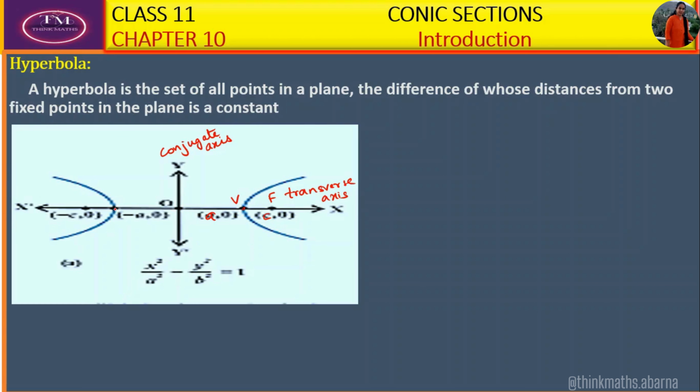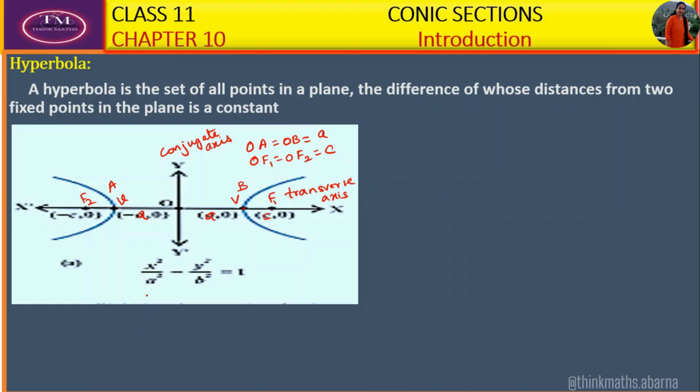There is another vertex here at minus a comma 0, and another focus, F1, F2. F2 is at minus c comma 0. Clear? Now, this vertex can be named A and this vertex can be named B. So the distance OA and OB is a, and the distance between O and the foci, OF1 and OF2, is c.